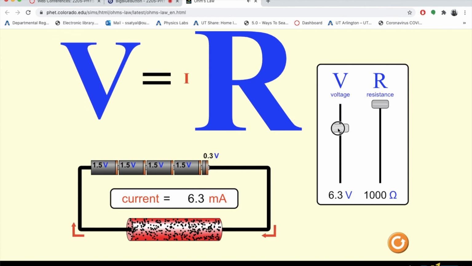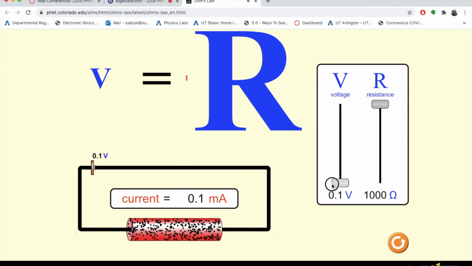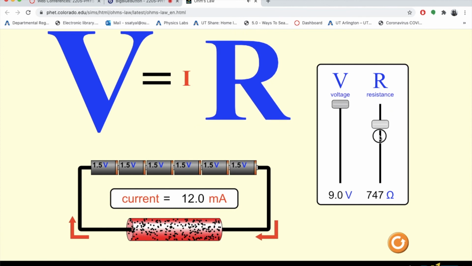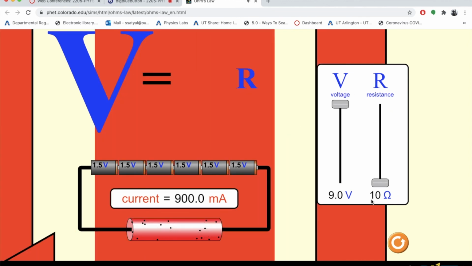And for both at the same time now, if I use the lowest voltage value and the highest resistance value, I get the lowest amount of current, and vice versa. For highest voltage and the lowest resistance, I get the maximum current.